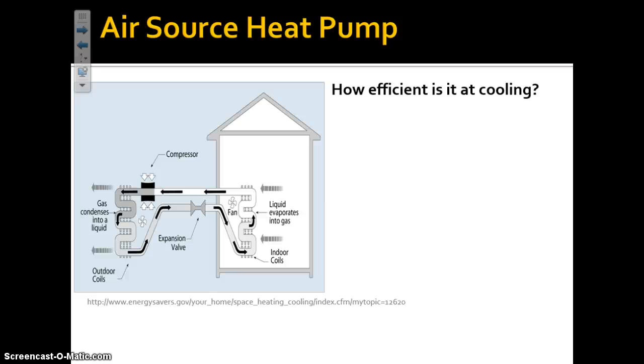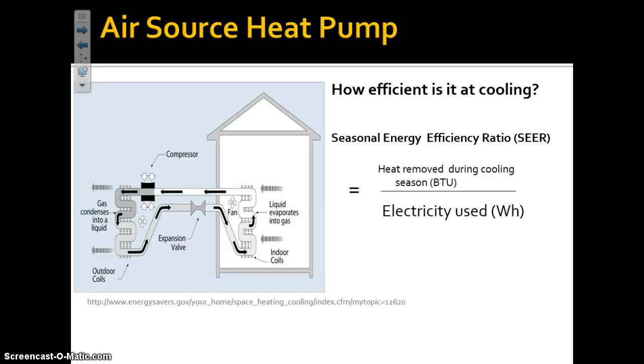The measure of how efficient it is in cooling mode is called SEER, Seasonal Energy Efficiency Ratio. Okay, the formula is pretty straightforward. As long as you can get these numbers, it's really easy to calculate. So this is our seasonal energy efficiency ratio.